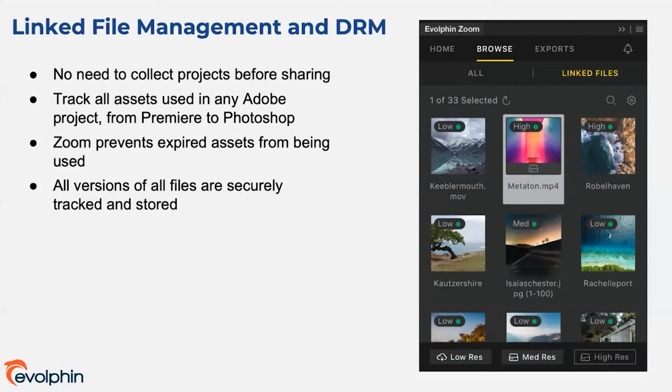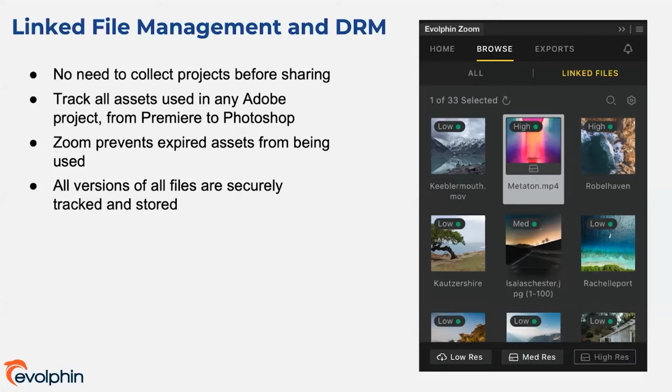But with Zoom tracking where everything is used, all you have to do is click on the file and it'll show you all of the projects using it. So that way you only have to open those 5. You don't have to open 100 projects just to see if they're using the file that needs to be replaced. And once something is expired, Zoom will prevent people from using it as well. So you don't have to worry about people accidentally using something that they shouldn't.